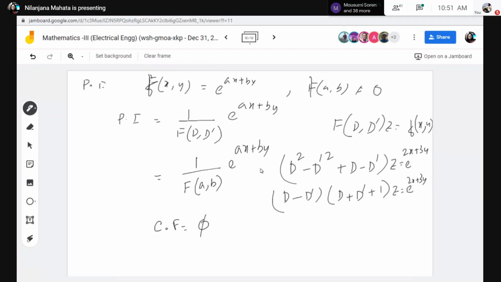For D plus D dash plus 1, your C is 1, so this will be e to the power minus CR by AR, that is minus x, phi 2. So your CF is this.